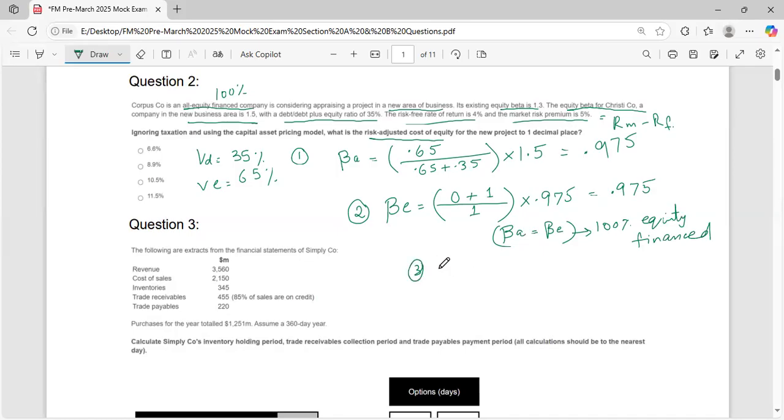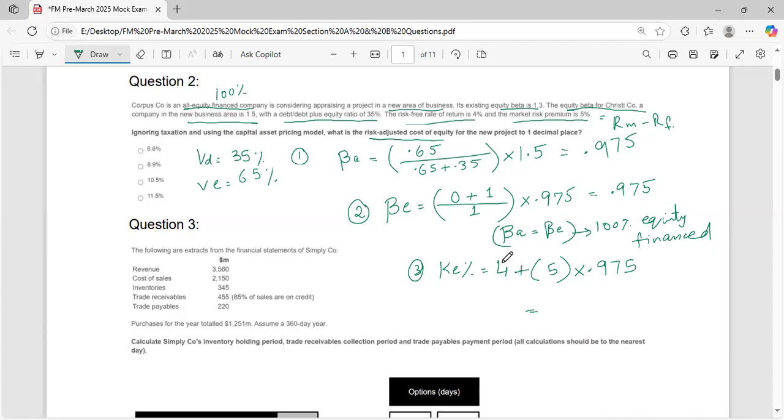Step 3 is cost of equity is equal to risk-free rate plus market risk premium multiplied by 0.975.